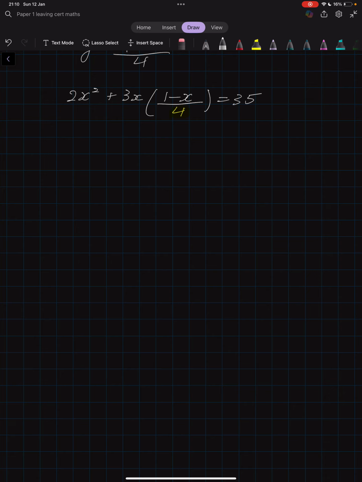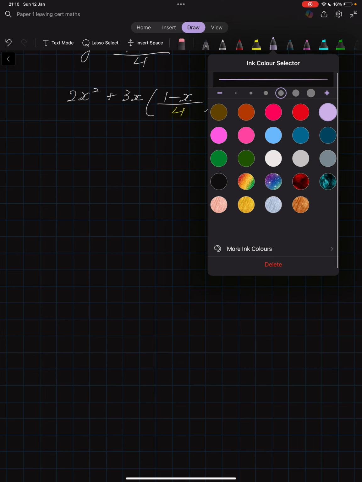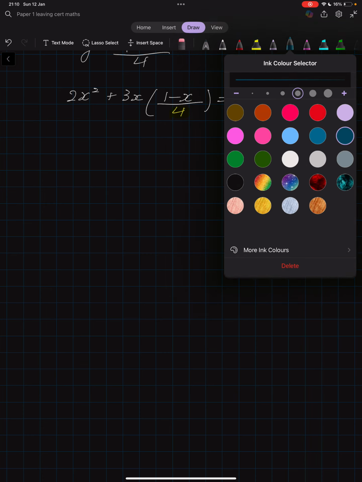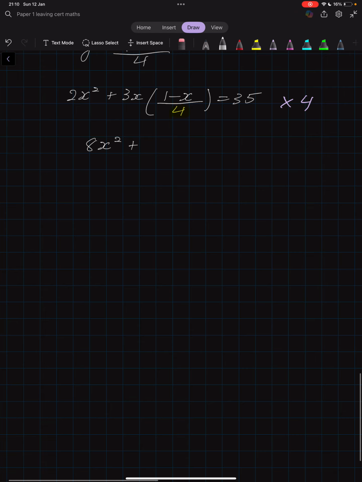Okay. So now if I multiply everything by 4, I'm going to get 8x squared plus 3x multiplied by 1 is just 3x. 3x multiplied by minus x is minus 3x squared equals 35 multiplied by 4, which is going to be 140.